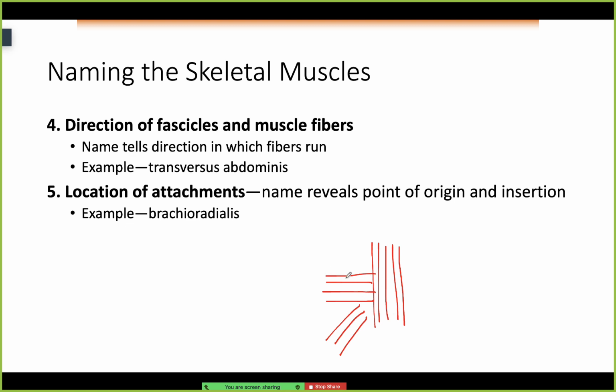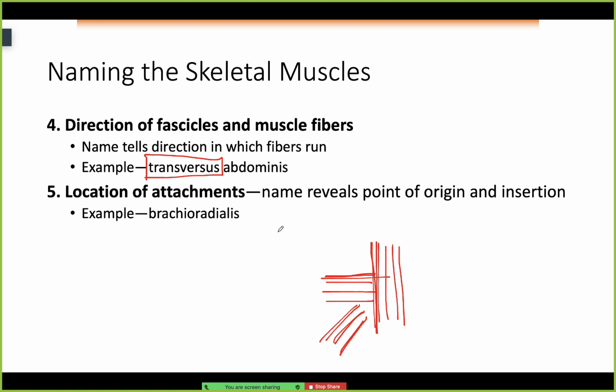Muscles that run perpendicular to that we call transversus abdominis. Transversus, in this case, means it's perpendicular to our rectus abdominis. Diagonal muscles we call oblique muscles. You have oblique muscles in your abdominal region. You also have oblique muscles around your stomach. Those are, again, muscles that are going in a diagonal sense in terms of other muscles that are in that area.